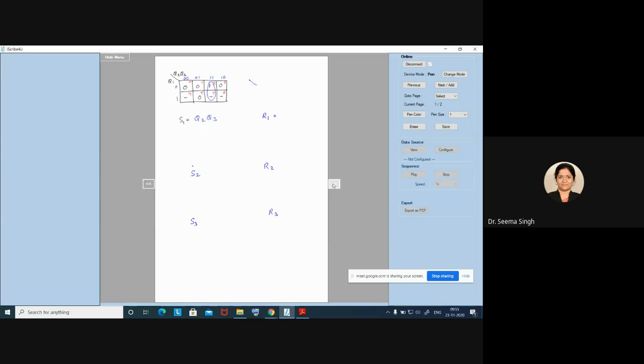So you will have one K-map for the R1 column, another for the S2 column, another for the R2 column. Like this, you will have 6 K-maps and you will get 6 equations.